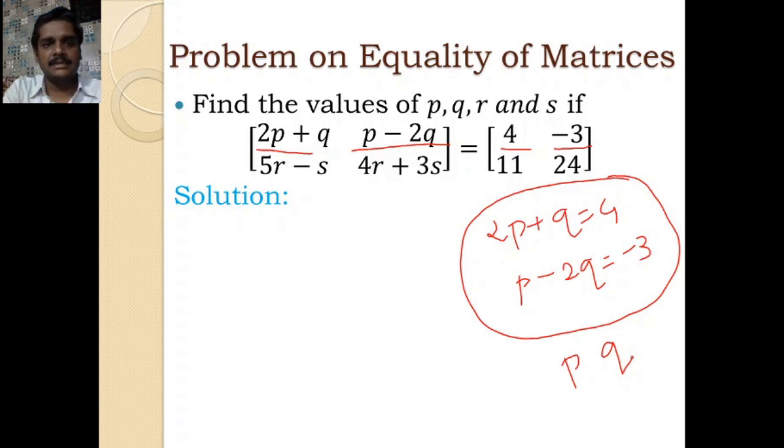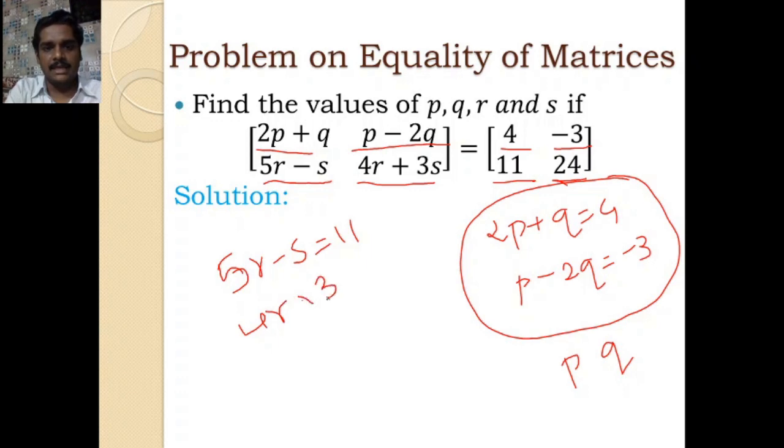Let's go next. If you compare further, this 5R minus S equals 11. This 4R plus 3S equals 24.